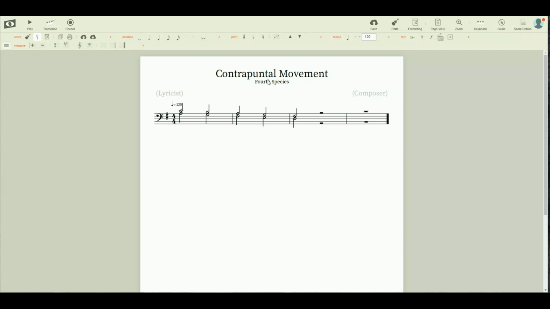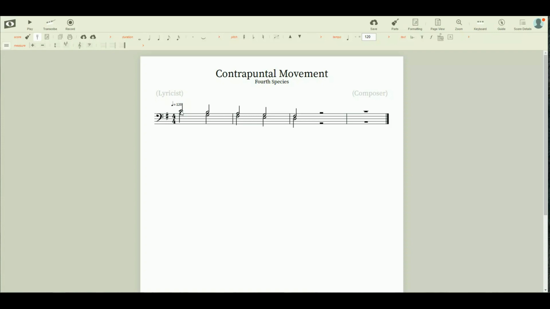Okay, so the easy way to write fourth species is to start with something in first species. Right here we have all these descending thirds. Third, third, third, third. What we're going to do is offset everything by shifting everything ahead one note.